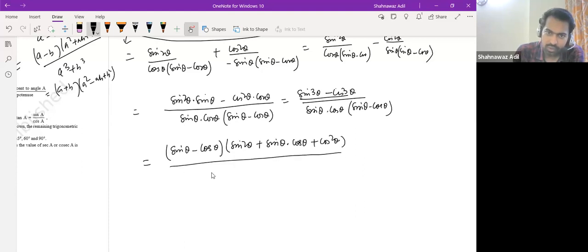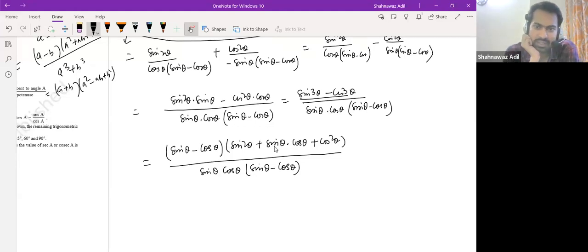Then cos theta, and then sine theta minus cos theta. So in the numerator, did you guys see something peculiar? In the second factor, sin and cos.